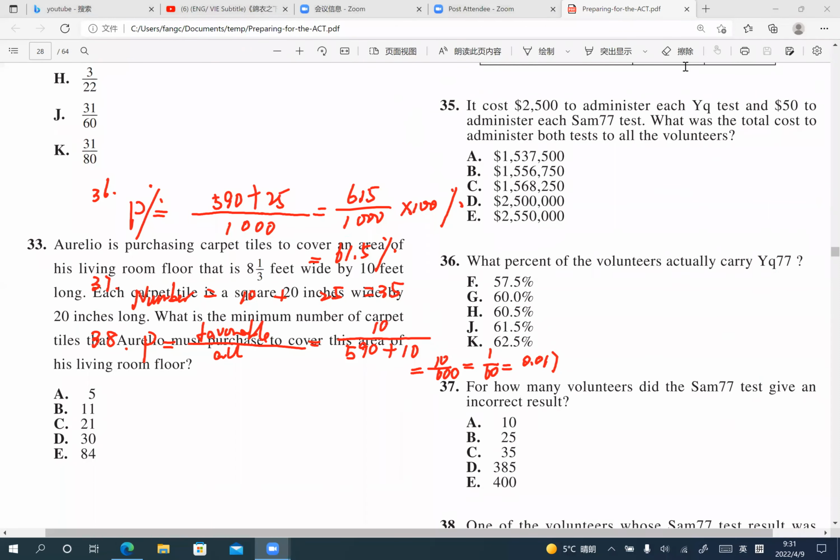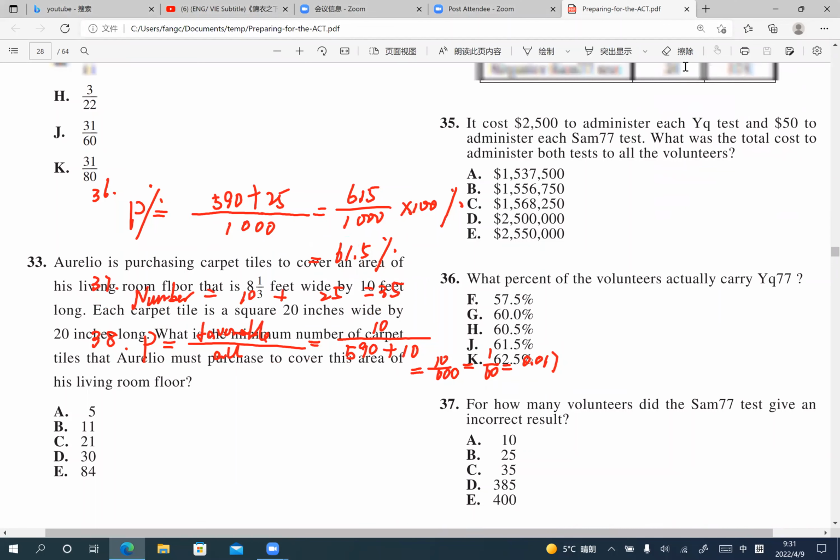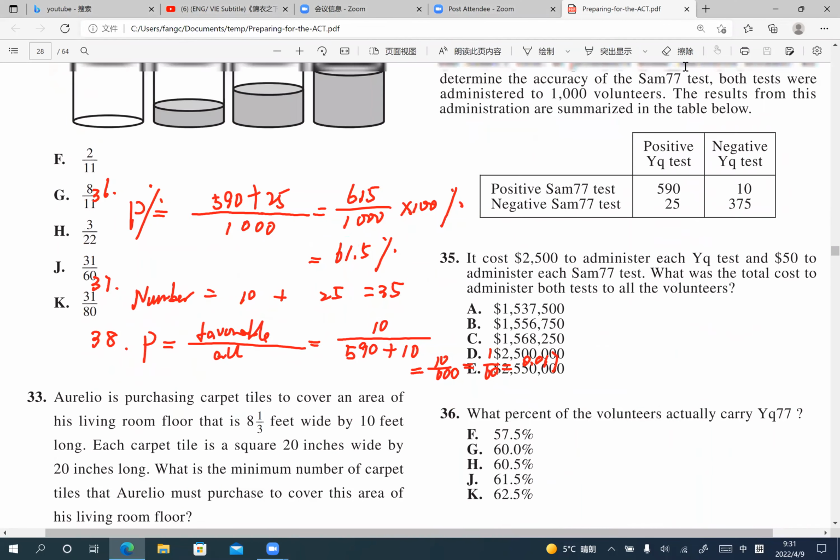Question 37. For how many volunteers did the SAM77 test give an incorrect result? Let's go back to the table. So first, 25 volunteers who carry the YQ77 gene, but got a negative result.